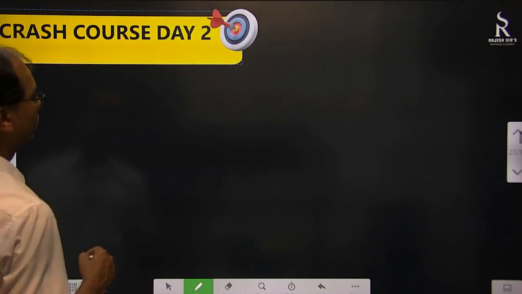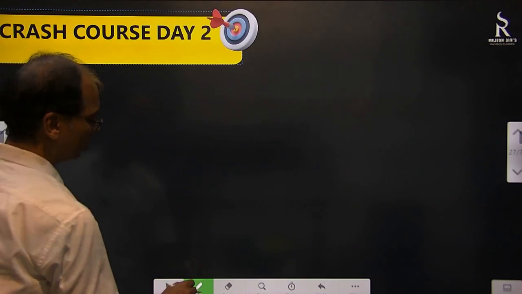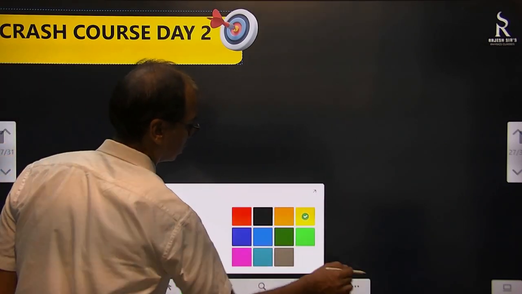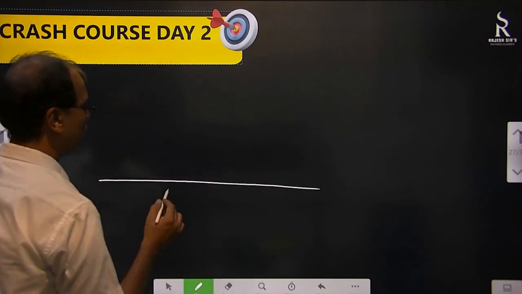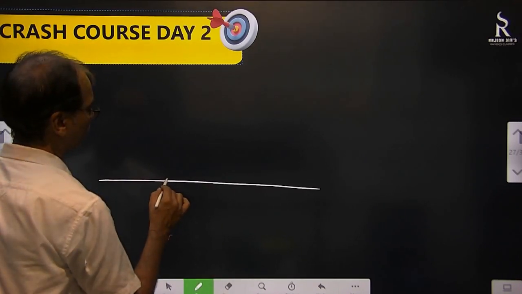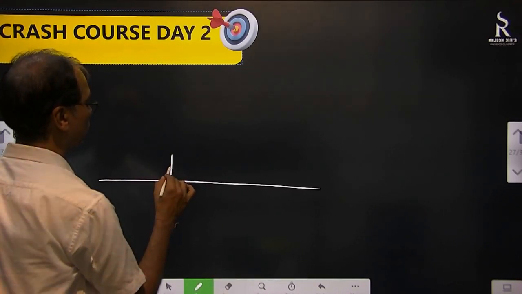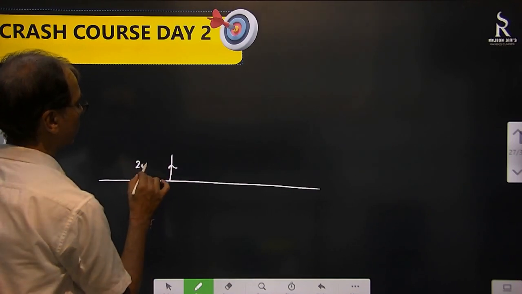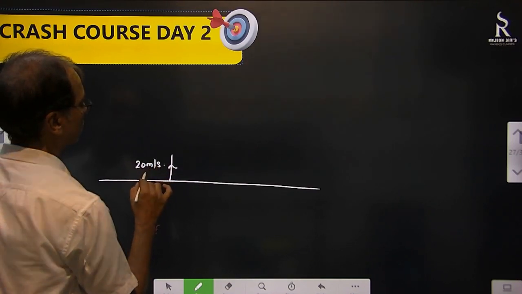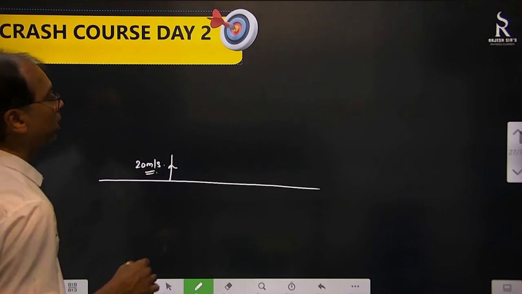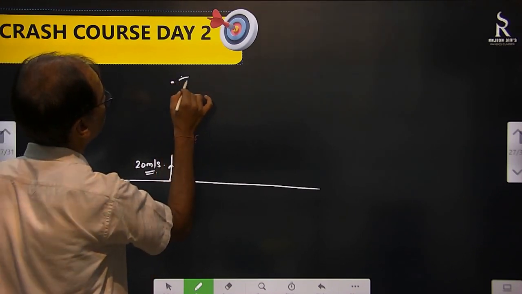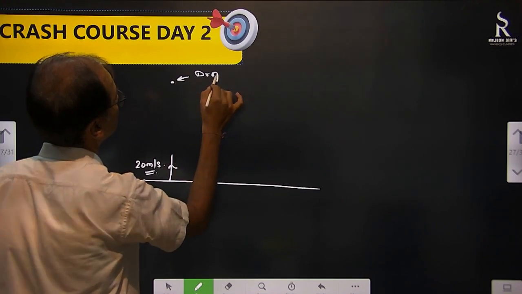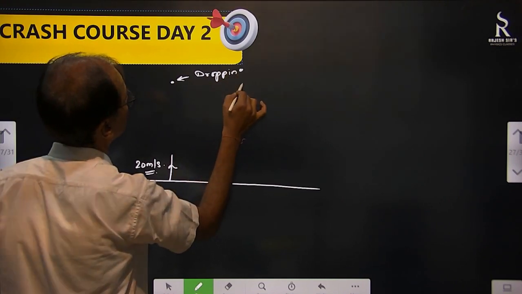What question will we frame? Suppose in vertical motion we are framing one. One ball you are projecting, let's say with 20 meter per second, and another ball you are releasing from here, dropping.